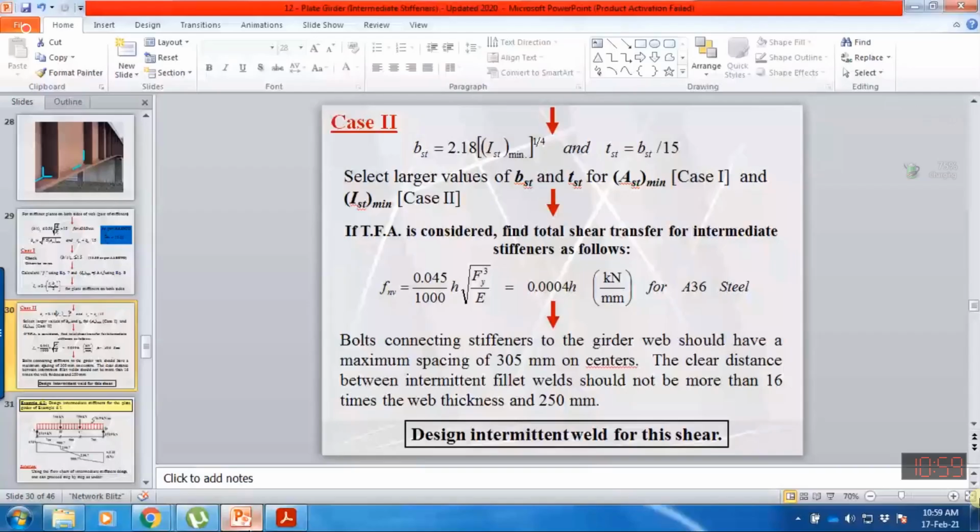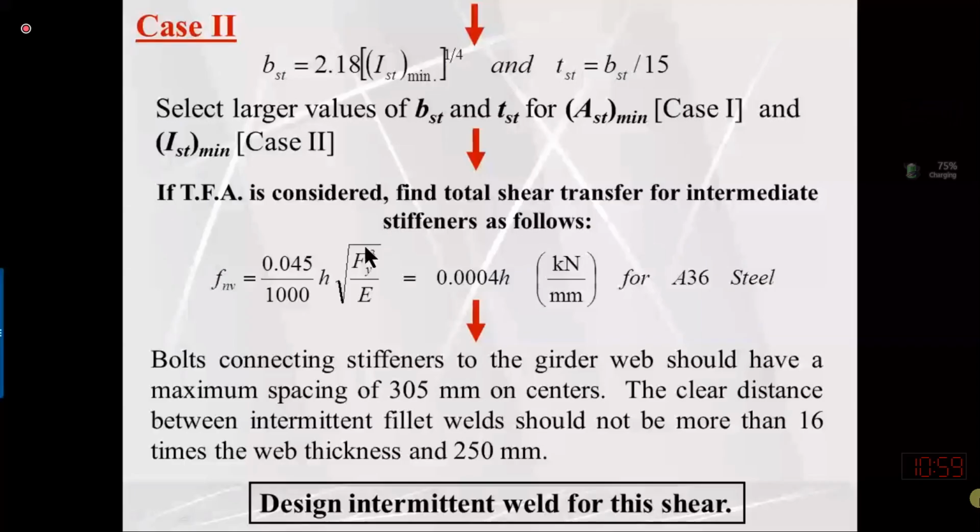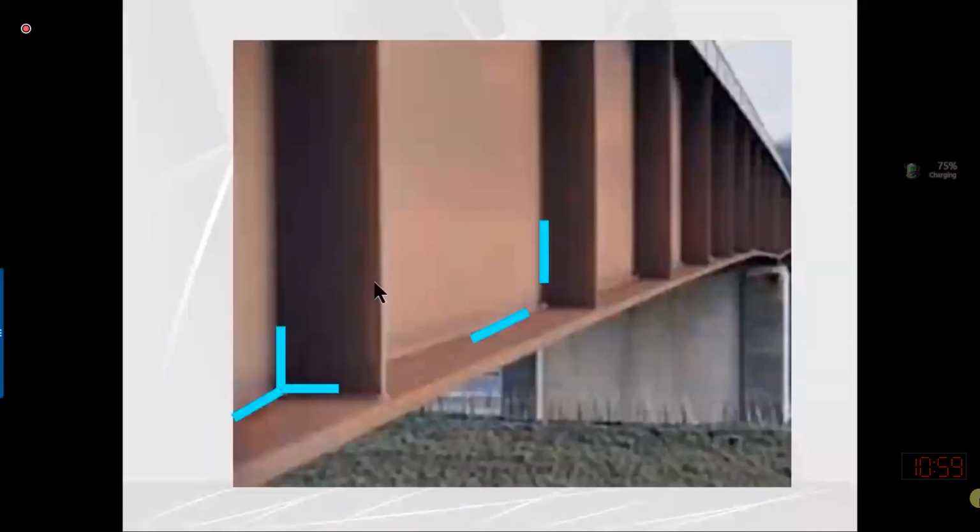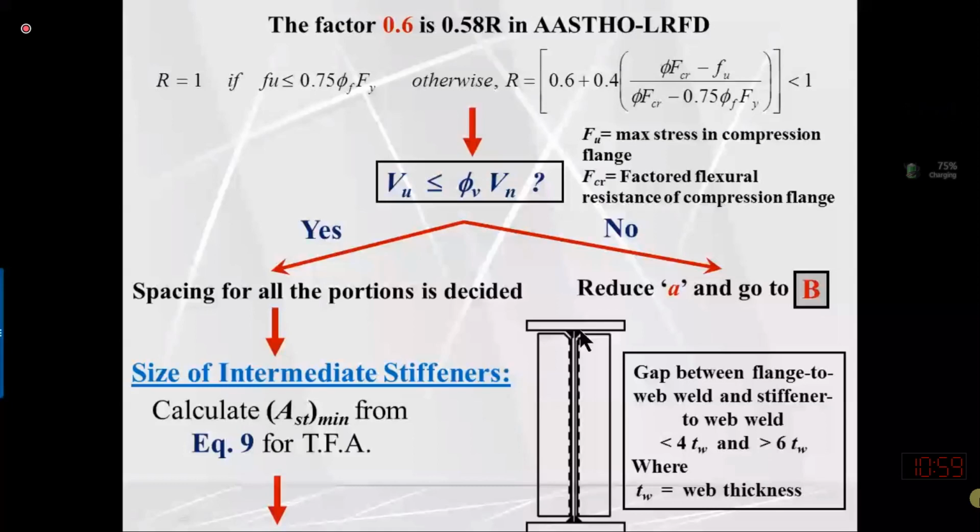So after deciding the area of the stiffener, the last step is that we need to design the weld. I have already explained that we could provide a continuous weld over here, but we will provide an intermittent weld to connect the stiffening plate with the web.